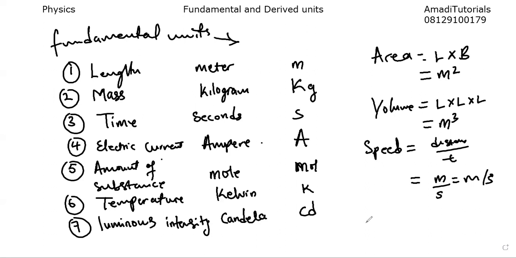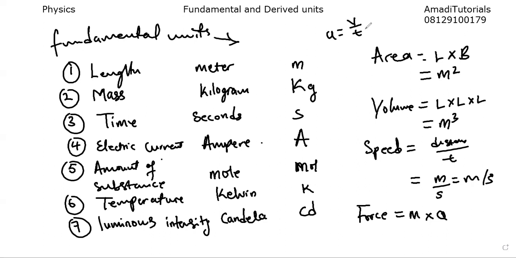The same thing applies when you talk about velocity, pressure, or force. Force is a derived unit because force is what? Mass, which is a fundamental unit, times acceleration. And acceleration on its own is what?